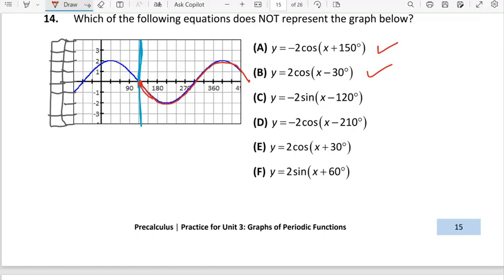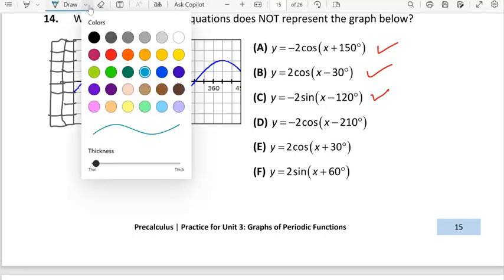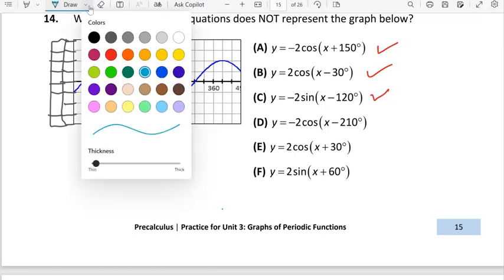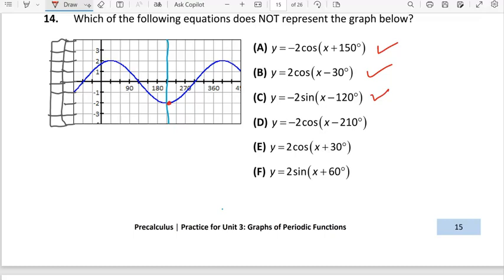And if it's inverted, our a value is negative, so that one's a check. All right, let's check out D. For D, we have a 210-degree phase shift. So that would be right here. And from that 210-degree phase shift, if we graph one cycle, we're going to go valley to valley. That's a negative cosine. So that one works too.